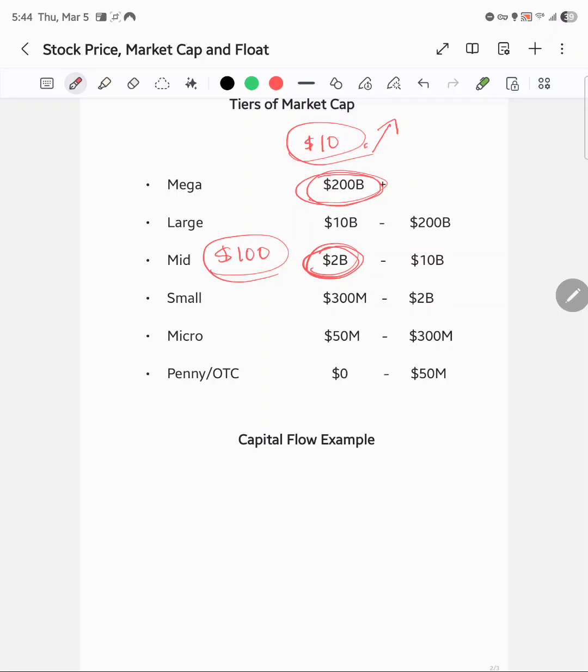But that is not true. You see why? Because the market capitalization matters more than the stock price when it comes to percentage gain.